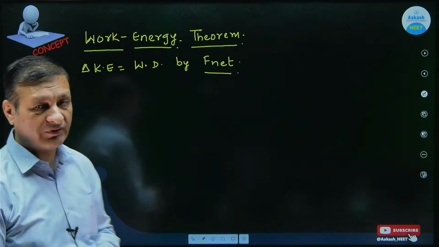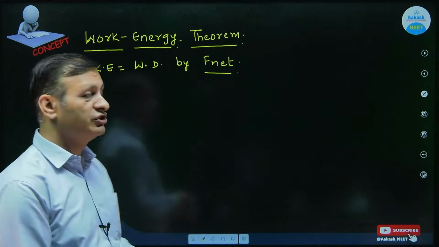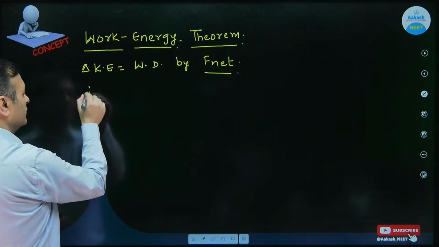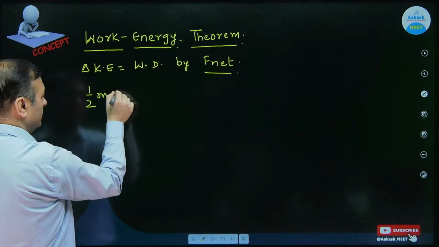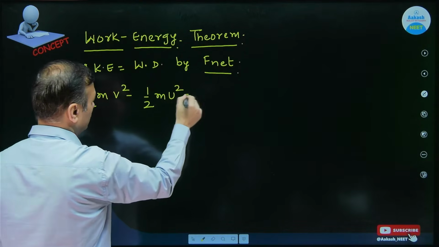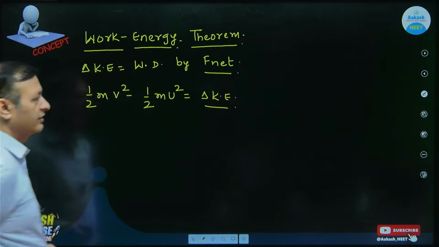You may have more than one force. So what is the net work done by all the forces? That defines the change in kinetic energy. So this change in kinetic energy is half m v square minus half m u square.